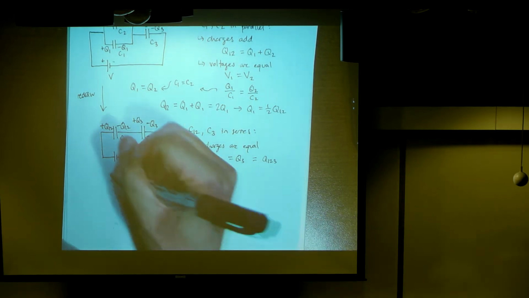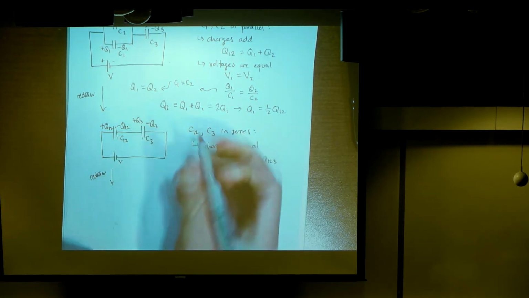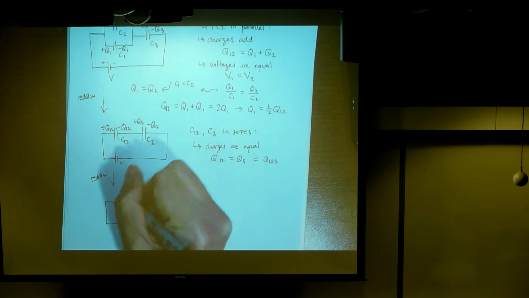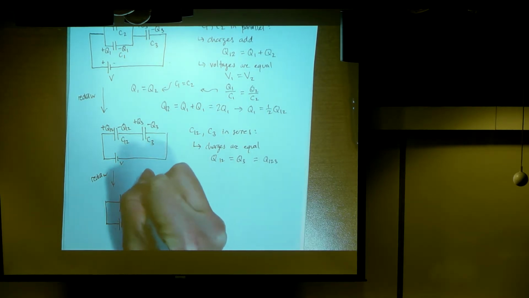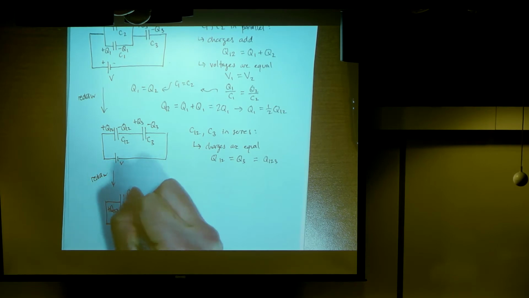So we redraw this one more time. And now we just have a single capacitor with the equivalent capacitance C123. And the charge on its plates is positive Q123, negative Q123.